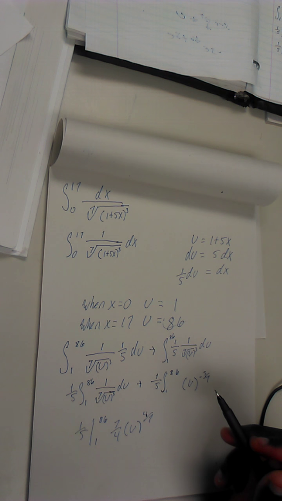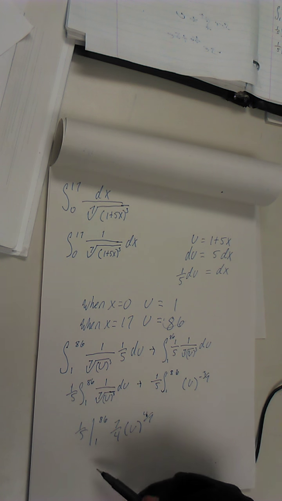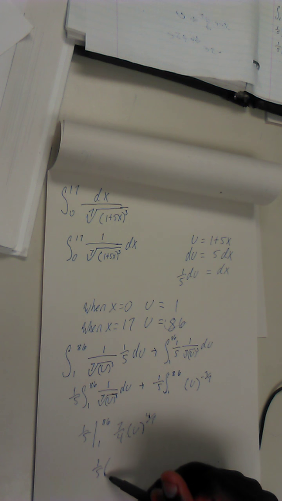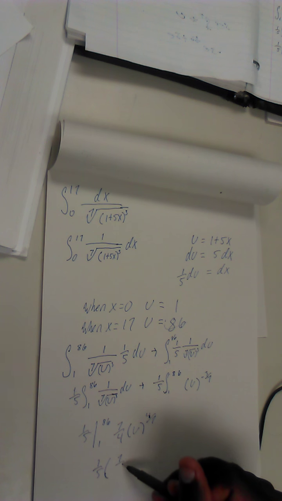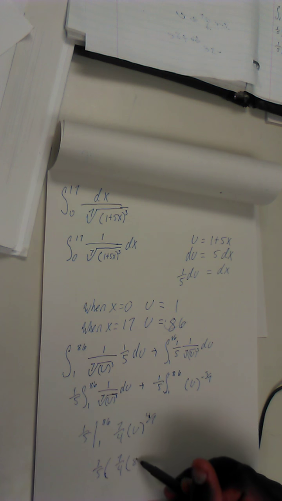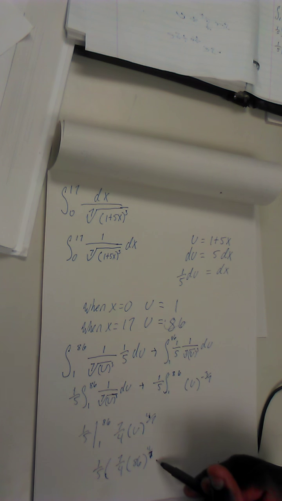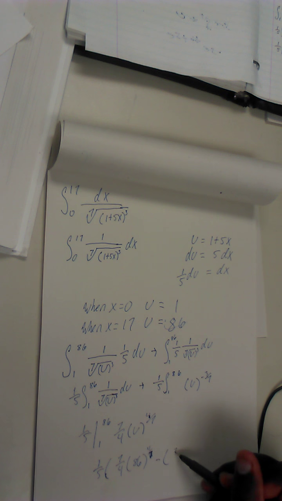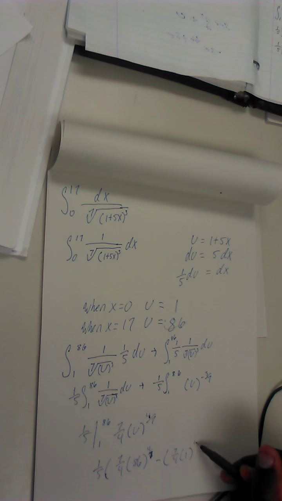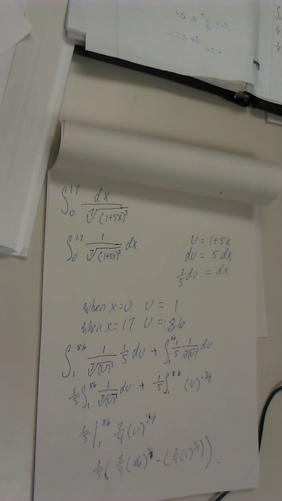Now we're ready to go ahead and plug in our limits. Remember, keep this 1/5 out here. 7/4 times 86 to the 4/7 minus 7/4 times 1 to the 4/7, right?